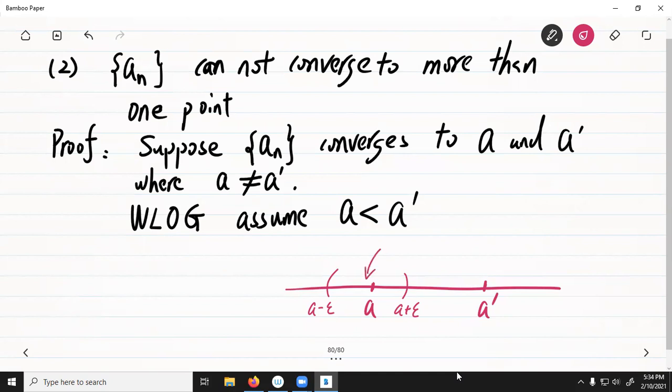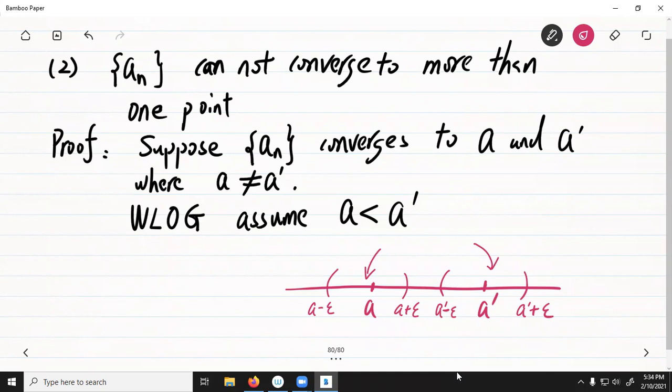This is what it means to converge to A. Now convergent to A prime, with the same epsilon. This is A prime minus epsilon, this is A prime plus epsilon. There is another capital N. After that, all the points will be here. So at last, all the points will be here, and at last, all the points will be here.